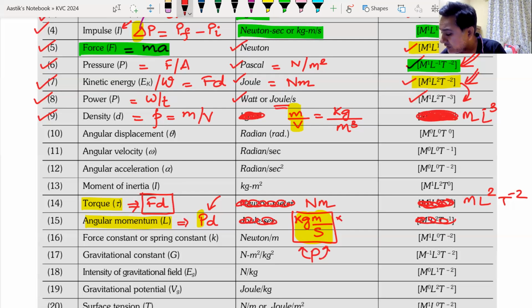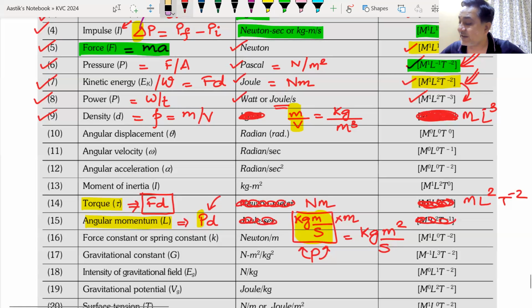The SI unit of distance is meter. So I multiply it by meter, and that gives me the SI unit of angular momentum: kg meter square per second. Oh, not second square, meter square per second. Do we understand this? Yes or no?